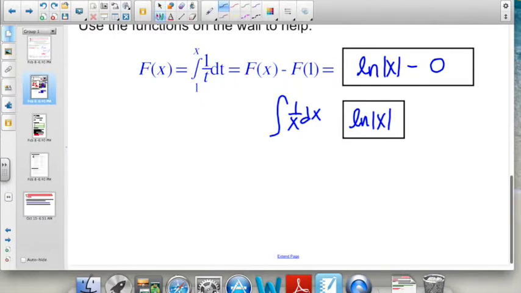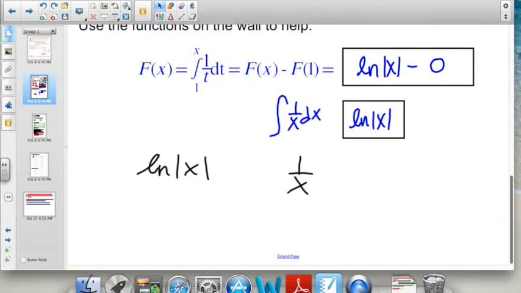If we started out, we know we can't evaluate the natural log unless x is positive. If you look at the graph, the natural log graph only exists for positive values of x. So in chapter 3, we learned that the derivative of the natural log was 1 over x.